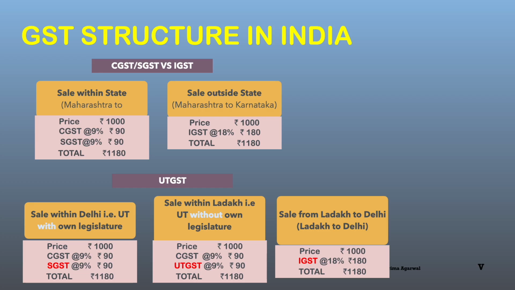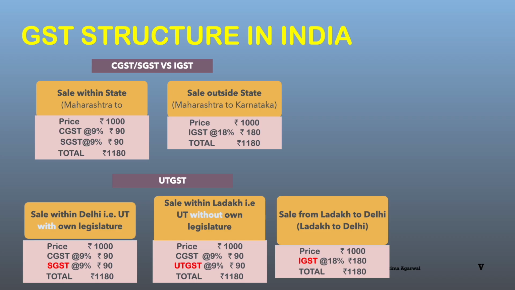And in this case, SGST, again, because a union territory with its own legislature is considered as a state for GST purposes, SGST will apply here at the rate of 9%, that is 90 rupees again. And then the total price of the goods comes to 1,180 rupees.